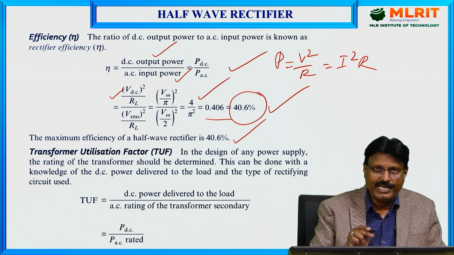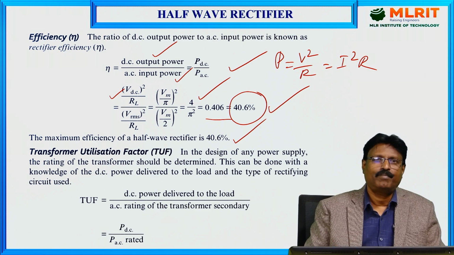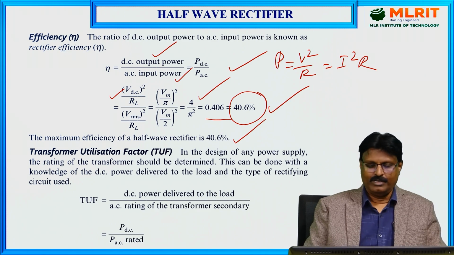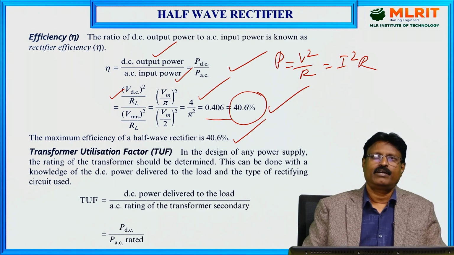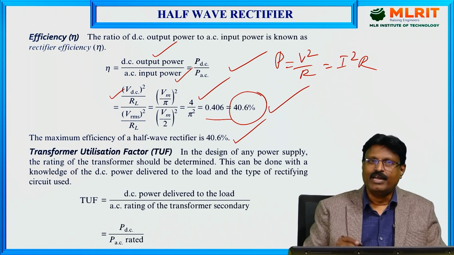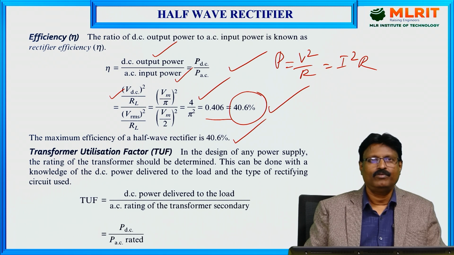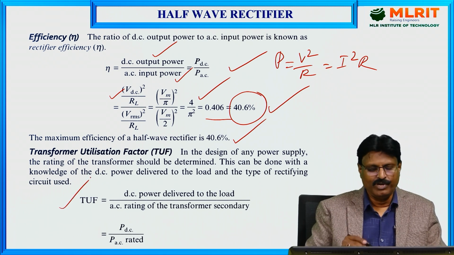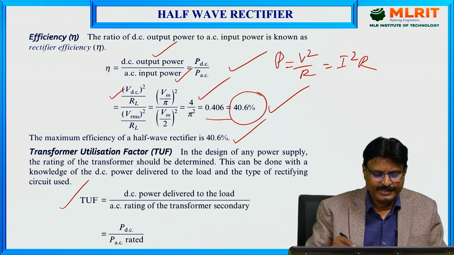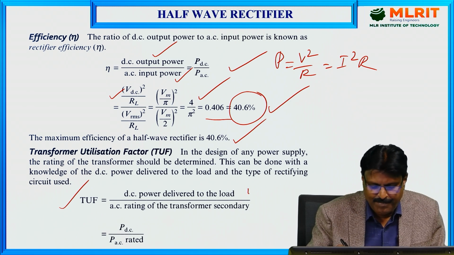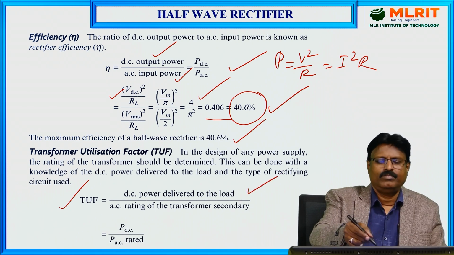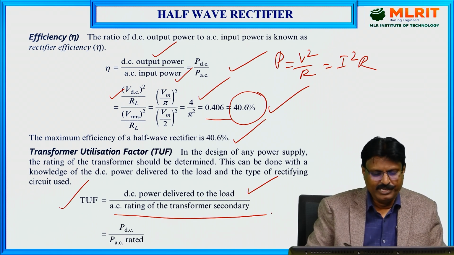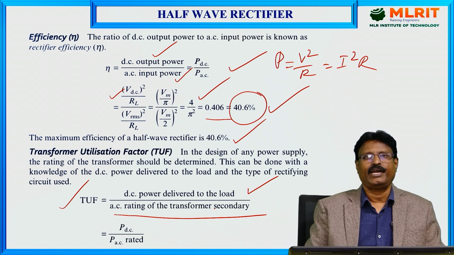And next is the transformer utilization factor. You are utilizing a conventional transformer, primary winding will be there, secondary winding will be there. How far are we utilizing the transformer for our conversion from AC to DC? That parameter is called TUF, transformer utilization factor. The formula goes like this: DC power delivered to load, same as above, PDC. Here the difference is not PAC but the AC rating of the transformer secondary.